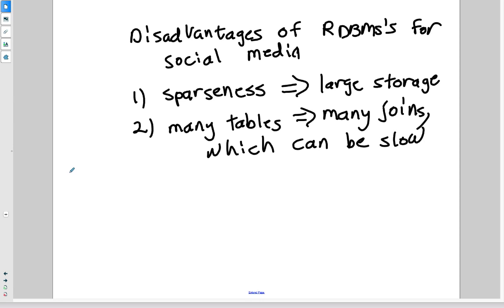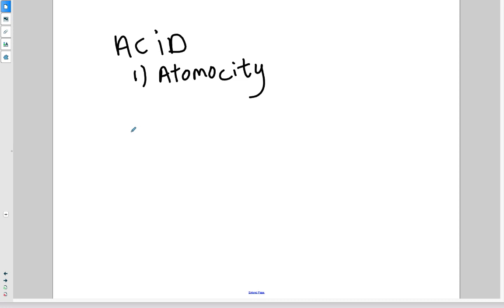Okay, and then there's a third characteristic, and before I get to that, I have to get to something that all relational databases maintain. It's called ACID. These are 4 properties maintained by relational databases. A stands for atomicity. C stands for consistency.